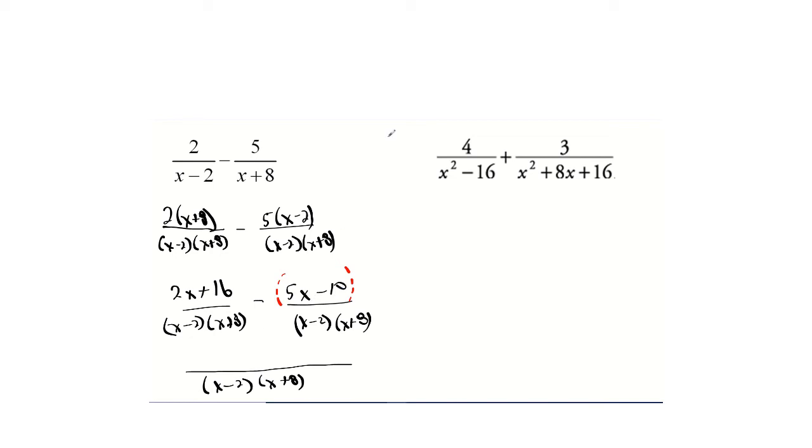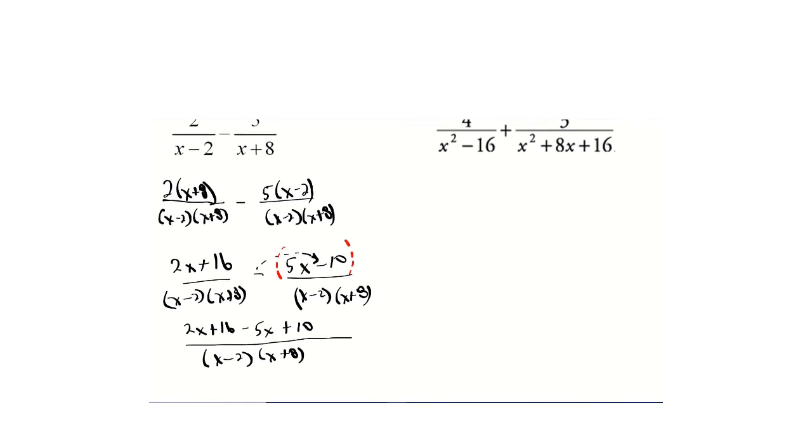So when I go to write this out in the numerator, I'm going to get 2x plus 16, take away 5x. Usually once students get the hang of this, everybody gets these ones right. It's this next one they get wrong. This negative distributes onto here because of these implied brackets. They don't have to be written there. Negative, that's really plus 10.